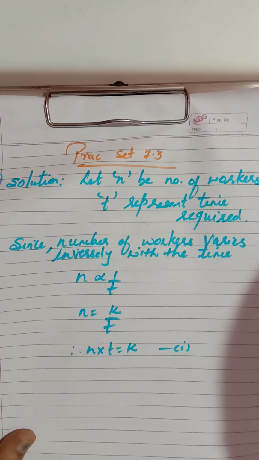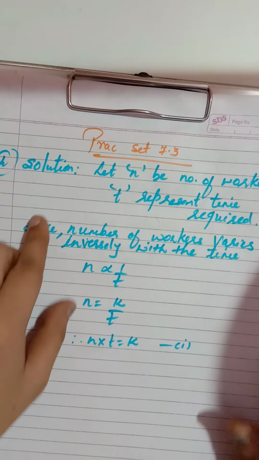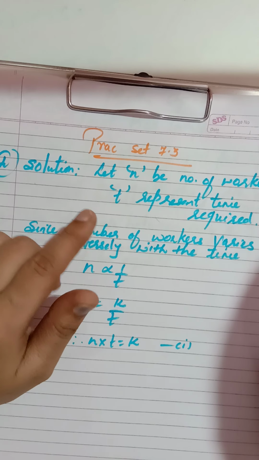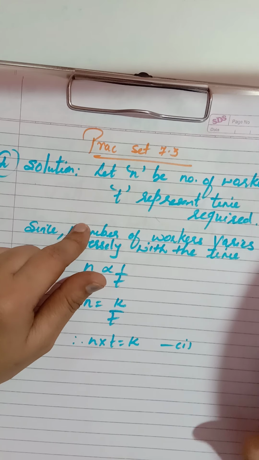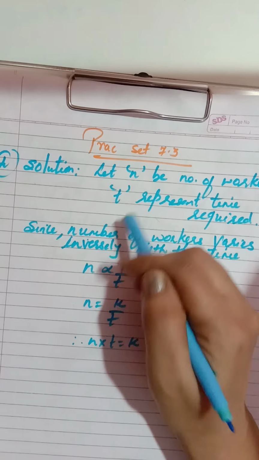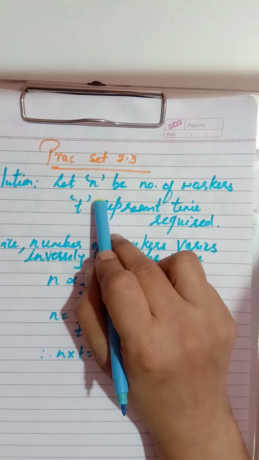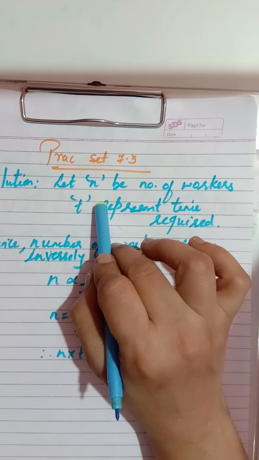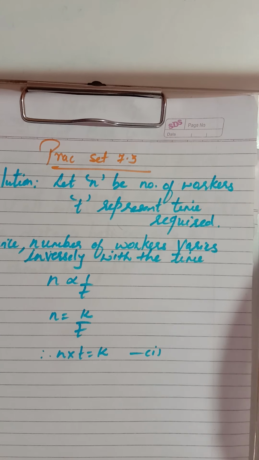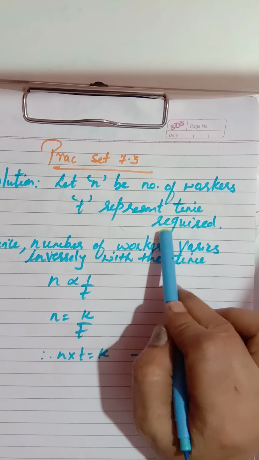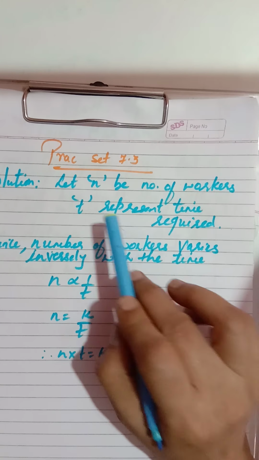So children, now let us see the solution. Here the question is related to the number of workers and the time taken to complete the work. Let small n be the number of workers and t represent the time required. I have already written that much.